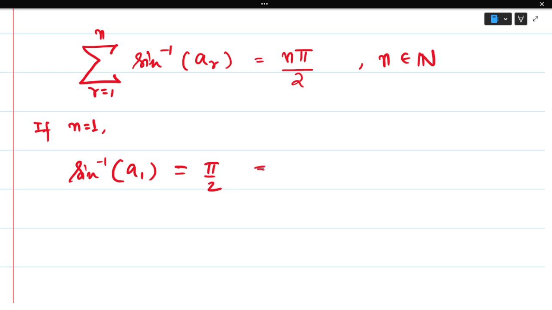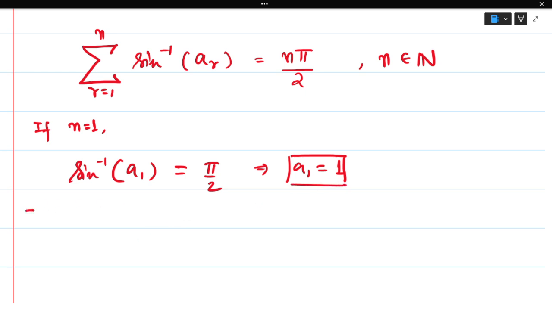So what we observed is that a1 is, for what value is sine inverse pi by 2? It is I think maybe 1, right? Sine pi by 2 is 1, means sine inverse 1 is pi by 2. So therefore we get a1 value as 1.